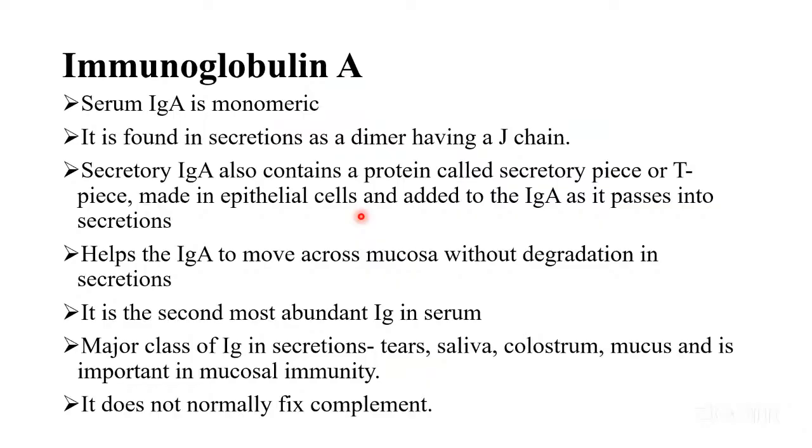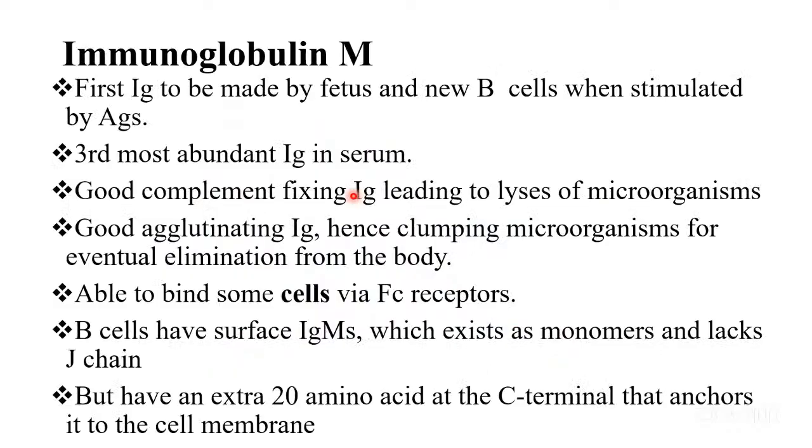Now, IgM is the second most dominant immunoglobulin. What I needed to mention here is that IgM doesn't require a lot of help from other immunoglobulins or other aspects of the immune system. It can react on its own.